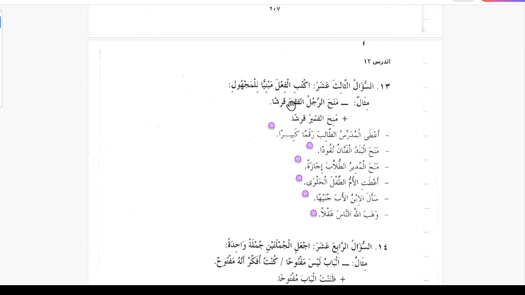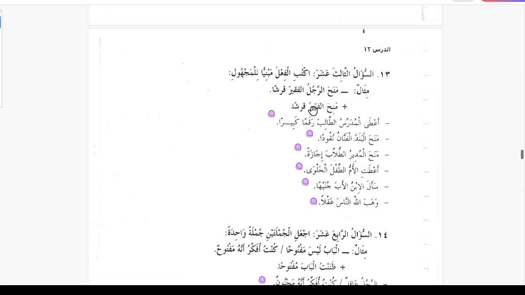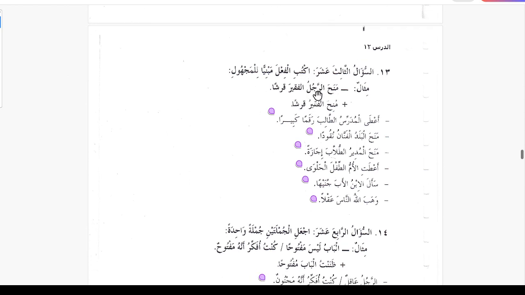And we know that in the passive form we don't have the fa'il, and the maf'ul becomes the naib fa'il, and it changes to marfu from mansub. So let's see here. So manaha, he granted, muniha, he was granted. So you see ar-rajulu, the fa'il is out, there is no place for a fa'il in the passive form.